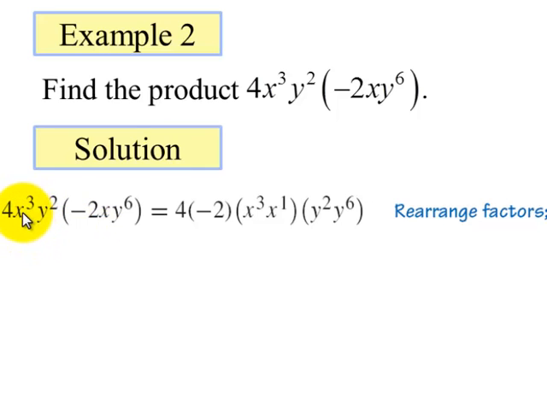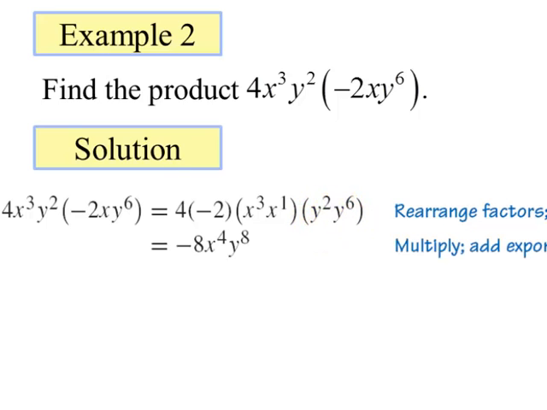Next we take x to the third times our other base of x, and then we take the next base, which is y. We're going to take y squared and multiply it by y to the 6th. So here we have our coefficients multiplied. Here we're multiplying our variables that have a base of x and a base of y.